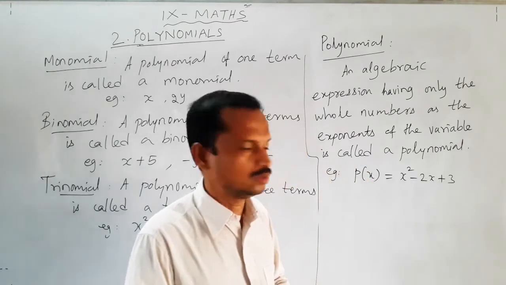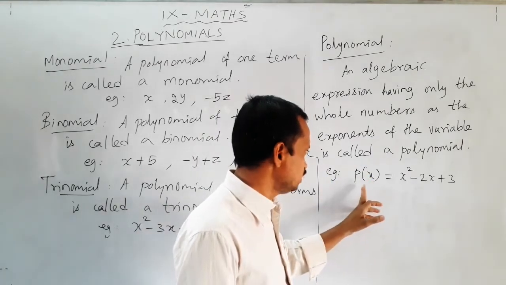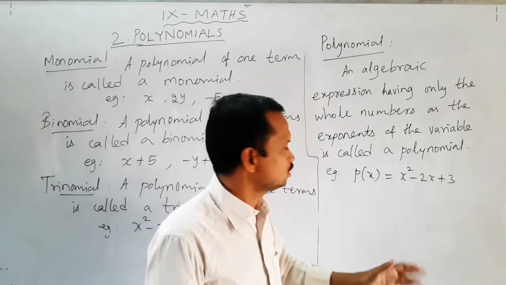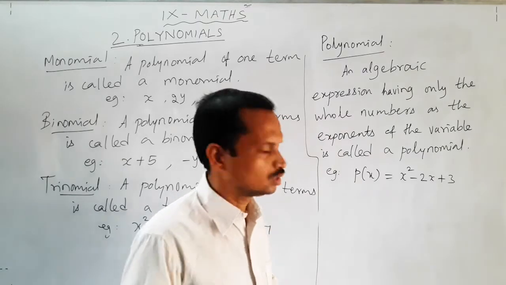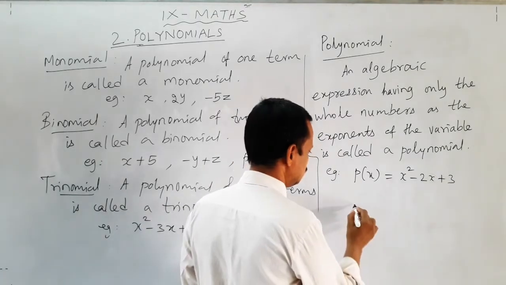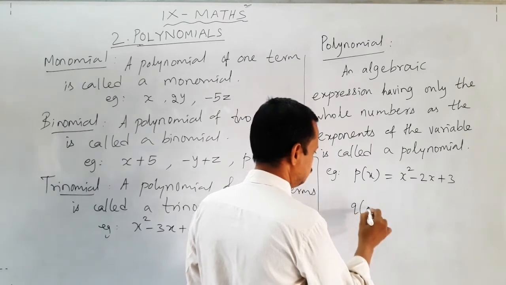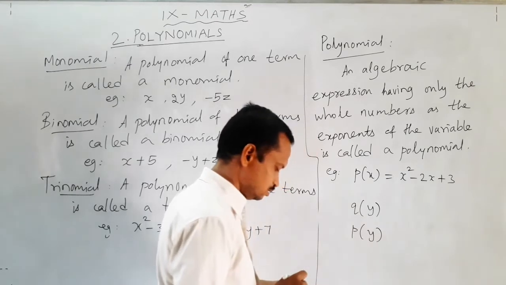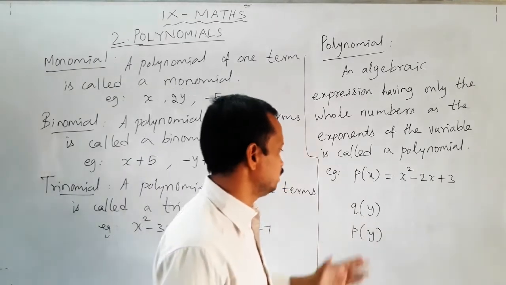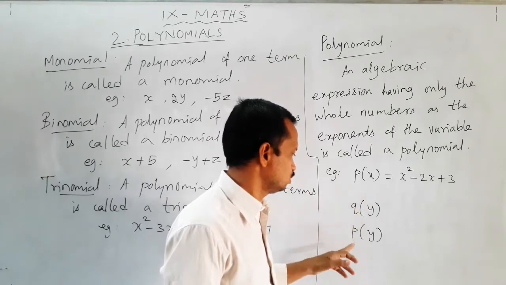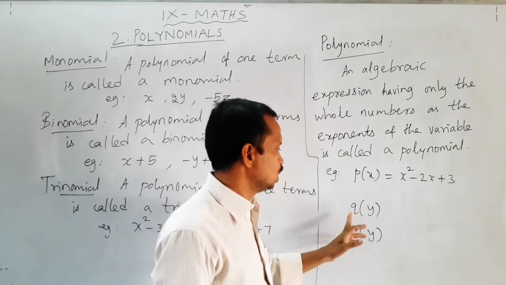Already I have explained to you. We denote a polynomial whose variable is x as p of x. Suppose it is another variable, y, then we can say q of y or p of y. Depending on the variable, we can name it, and the letter we can also give differently: p, q, that means p of x, q of y.